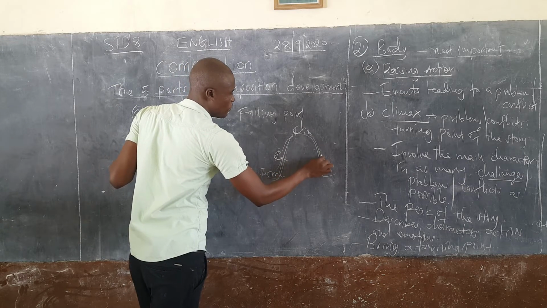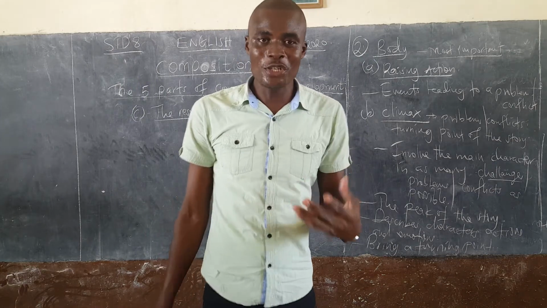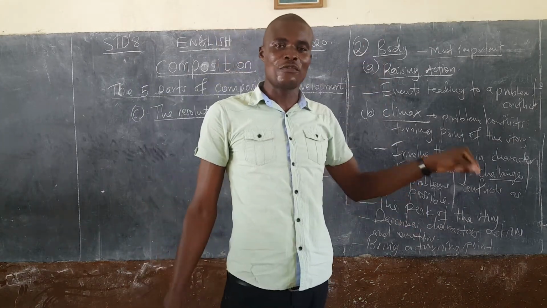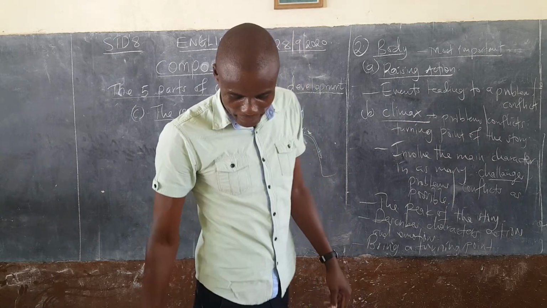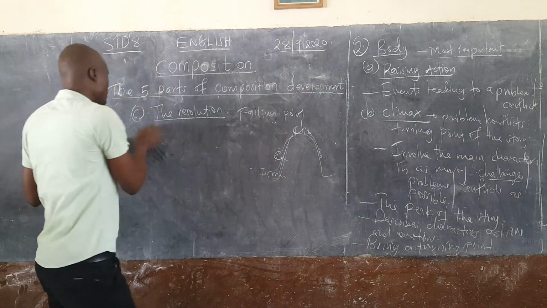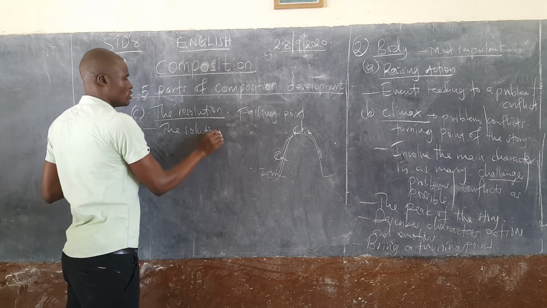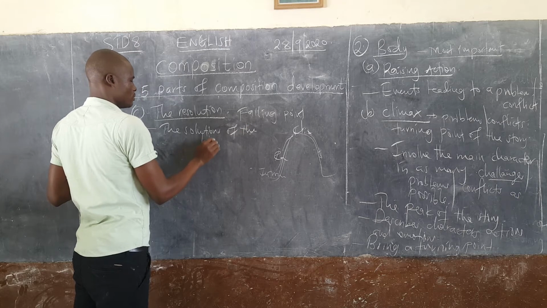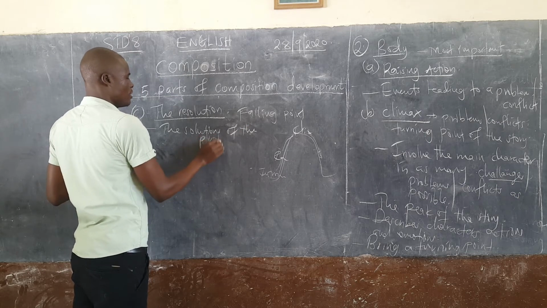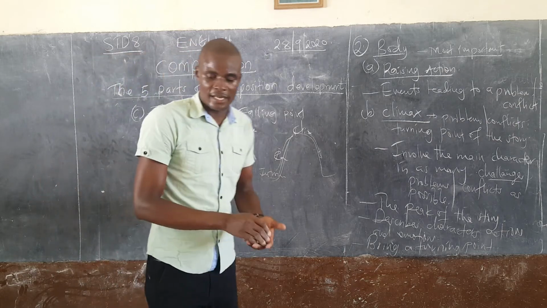The composition now falls, meaning we are trying to get the resolutions of those many problems that involve the main character. Solutions of the many problems that involve the character.